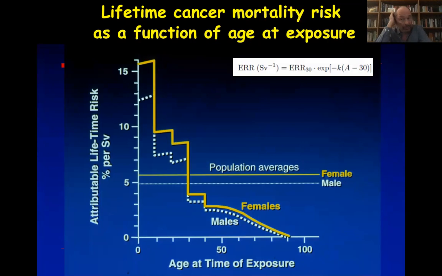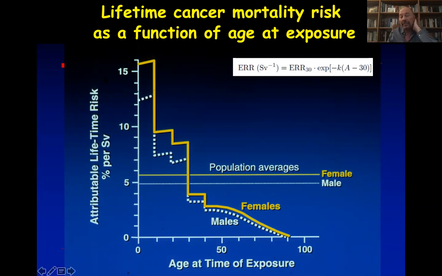The other point, which is a large uncertainty, is the age and gender dependence. So this is actually for solid tumors. This is the age at time of exposure, and the risk, this is the attributable lifetime risk, so it's the absolute risk per sievert, so per unit dose.